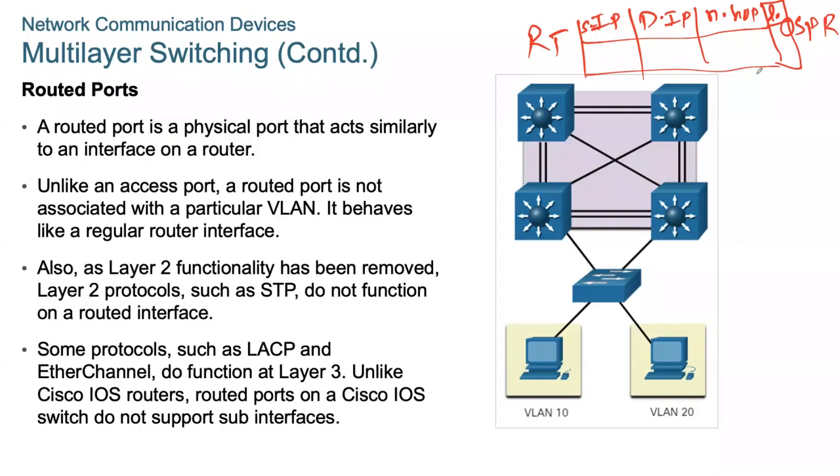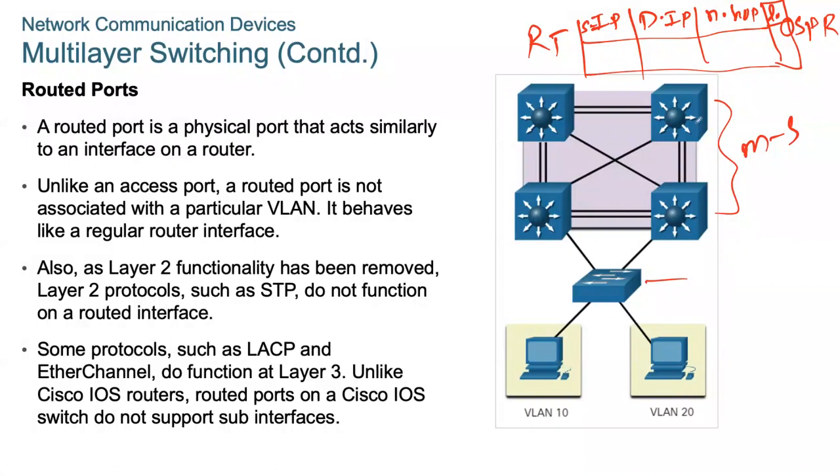So these routed ports are on your multi-layer switches. They act as routers basically. Unlike the access port, as shown in this figure, these are the multi-layer switches, and these are the normal switches.